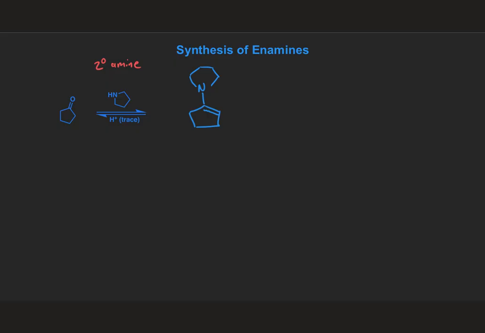And the cyclic amine winds up on top here, where the oxygen was previously. So again, this reaction will take place very slowly without acid, but the acid catalyst makes this much, much faster.